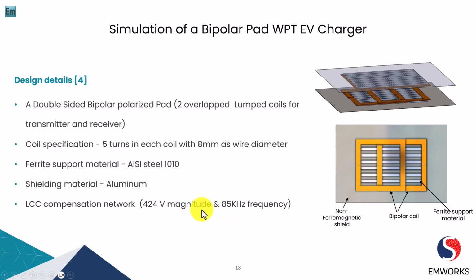By analyzing the performance characteristics of this design, as shown on the right-hand side, we can evaluate its misalignment tolerance, coupling coefficient, EMF exposure, effect of shielding on coupling coefficient, and magnetic flux. This will give us a better understanding of the overall efficiency and effectiveness of the wireless power transfer EV charger.